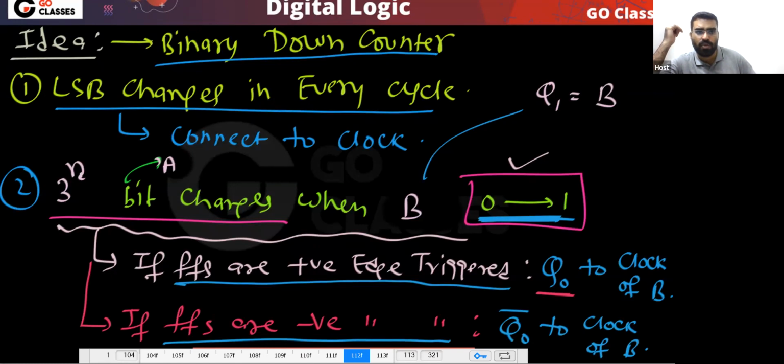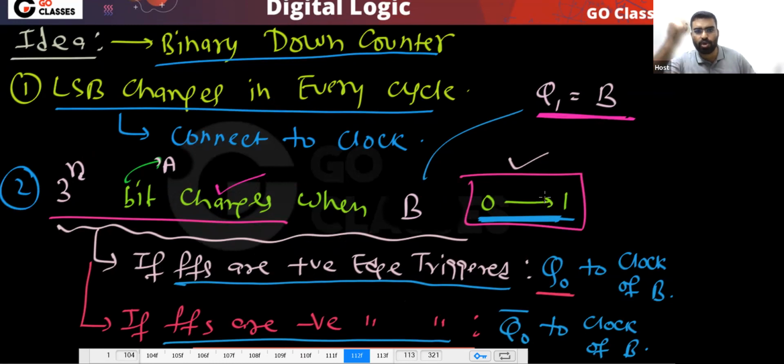Now tell me, if your flip-flops are positive edge triggered, remember, please understand this again. This point I am explaining again. The third bit must change when this Q1 is going from 0 to 1.